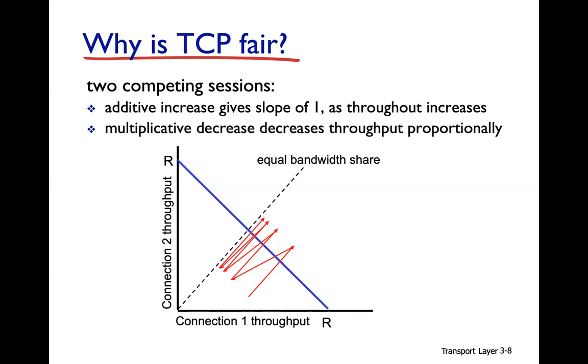You try to make it bigger, then you get three duplicate ACKs or a loss, so the size goes beyond this. Then finally you increase your data size and approach equal bandwidth sharing. That's why we say that TCP is fair to every session. Okay, that's for TCP congestion. Any questions?